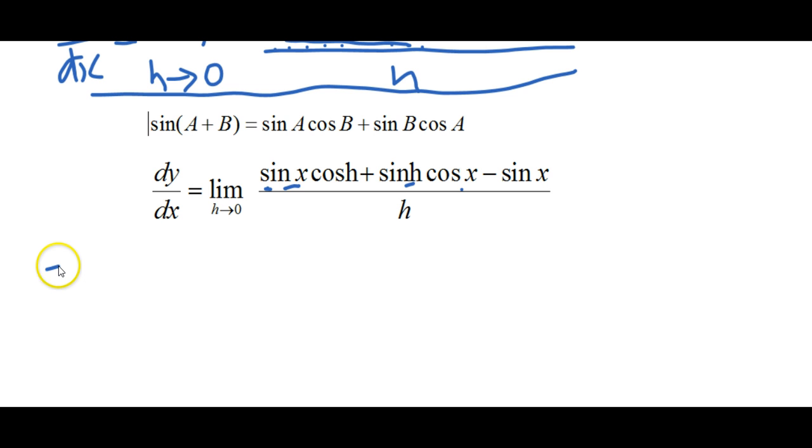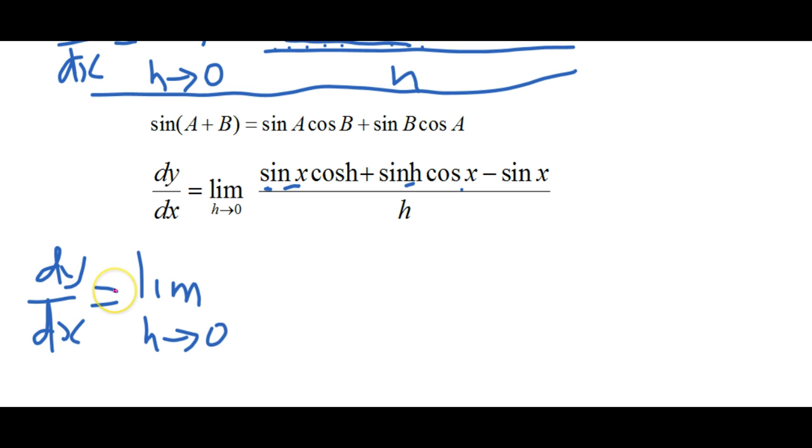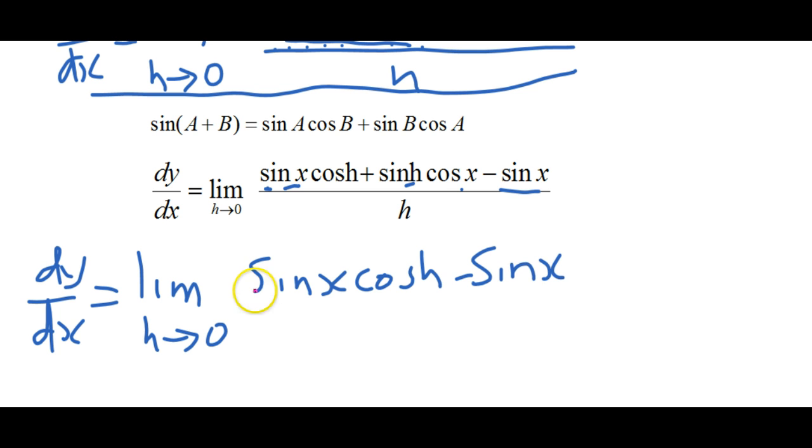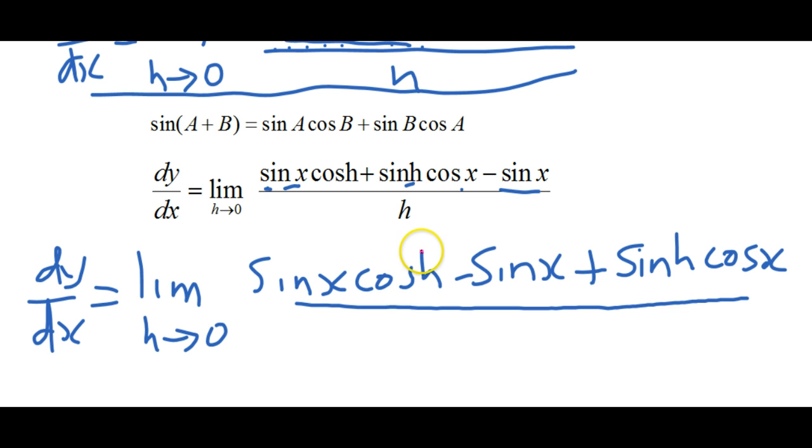Now we can rearrange this one by having the limit as h approaches 0. We can keep our sine x cos h minus, bringing this one closer, sine x, then plus sine h cos x, all divided by h.